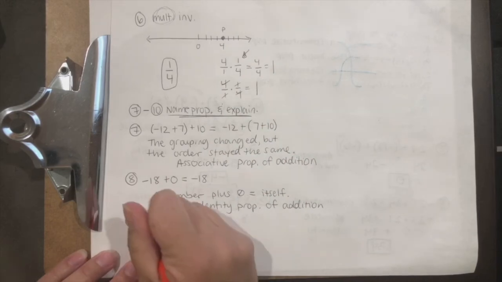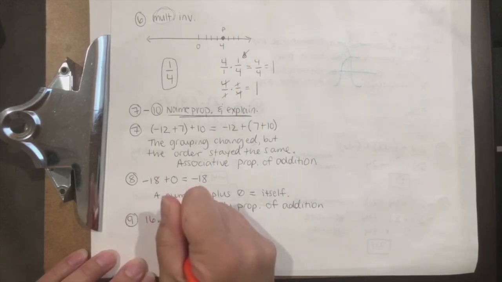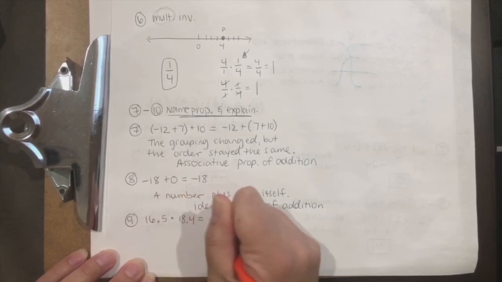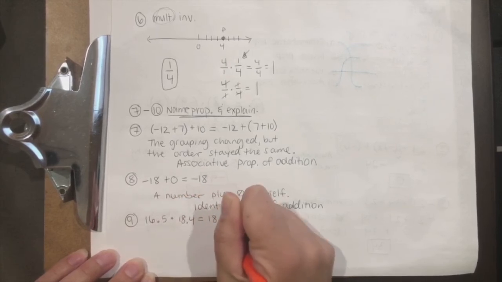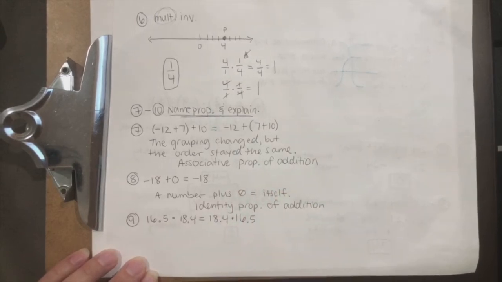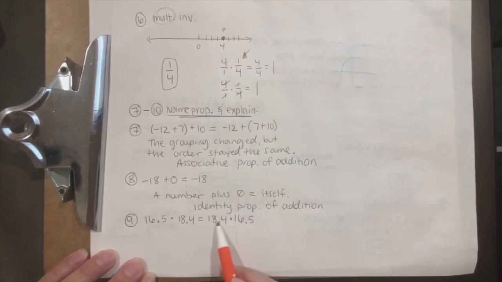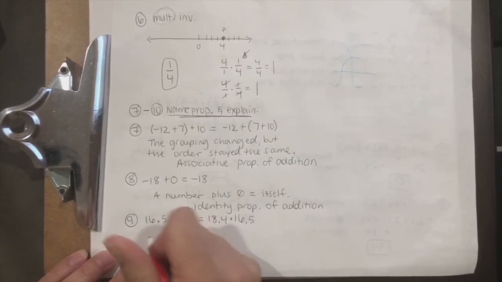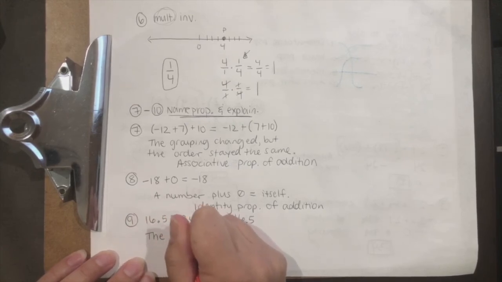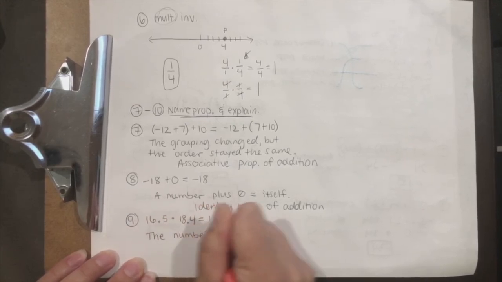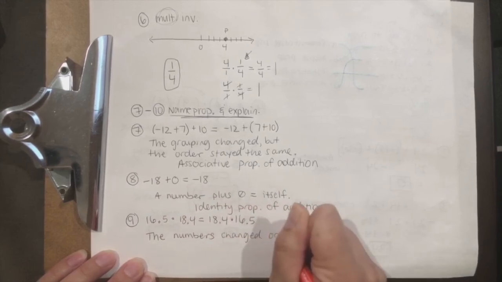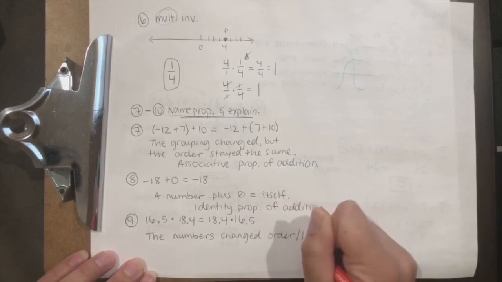Number 9, 16.5 times 18.4 equals 18.4 times 16.5. Okay, so these guys moved. They switched orders. So the numbers changed order or location.